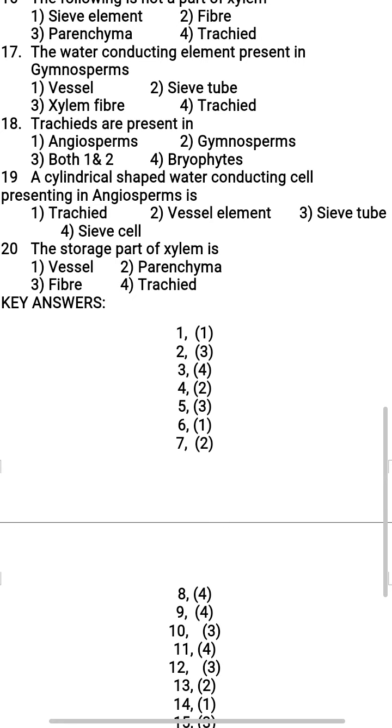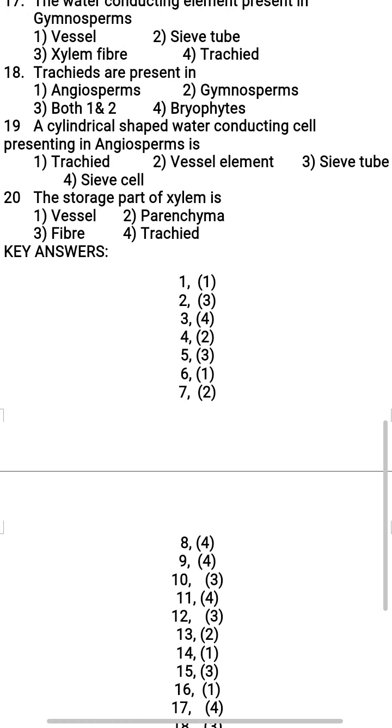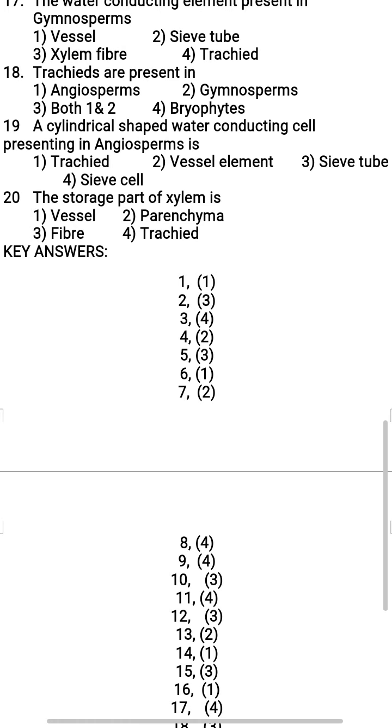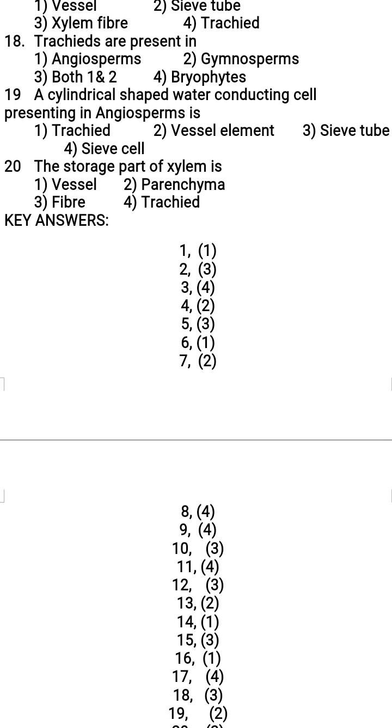Right? Then another important question, the 18th question. Tracheids are present in: option 1, angiosperms; option 2, gymnosperms; option 3, both 1 and 2; 4th one, bryophytes. Students, the correct answer is option 3, both 1 and 2.